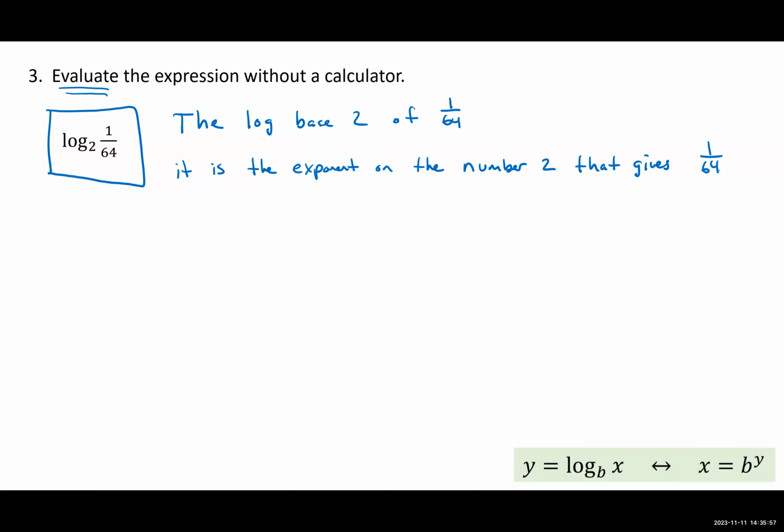All right, so what we're basically saying here is 2 to some power is equal to 1 over 64. And that's what this logarithm is. A logarithm is an exponent. So we're looking for that exponent.